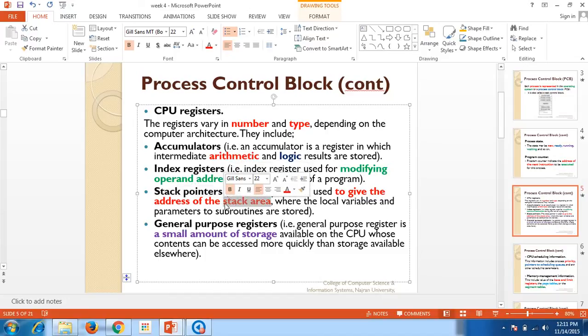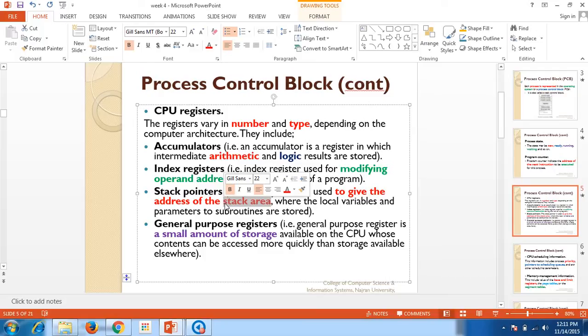If you remember, we discussed in lecture number 3 that the stack contains three things: local variables, function parameters, and return address. These are the things that are included in the stack when we discussed the process in lecture number 3.